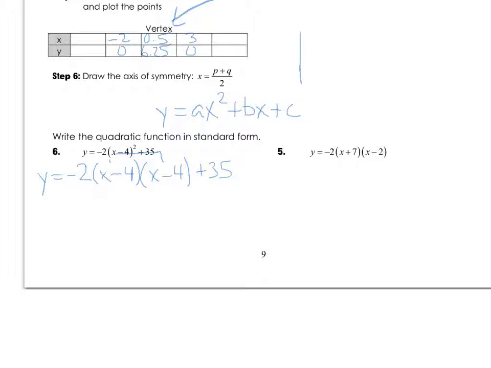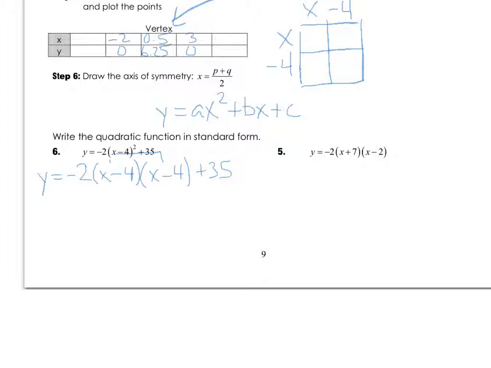The way I'm going to show you is we're going to use boxes. We've got two terms times two terms, so x minus 4 times x minus 4. Every box is filled in by who's around it.